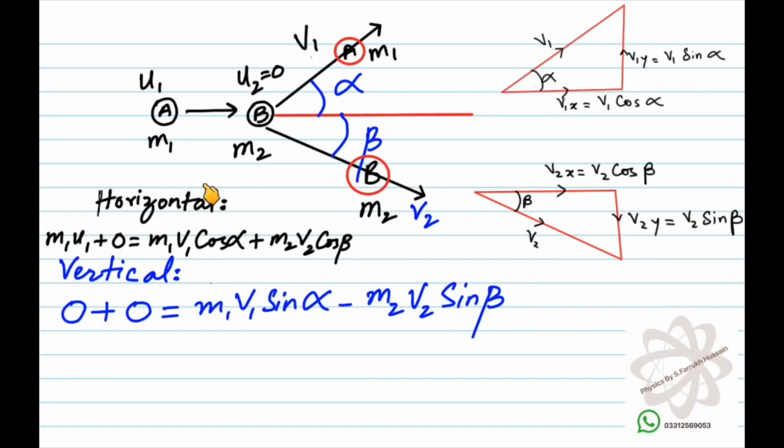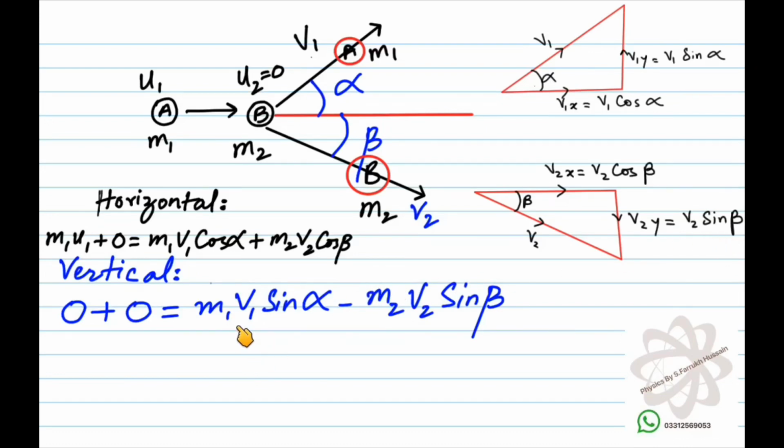Now if I talk about vertical momentum, object A is not moving vertically before collision, so its momentum will be 0. Object B is not moving vertically before collision, that's why its momentum is also 0. After collision, object A moves upwards, as you can see, with velocity v1 sin alpha, and object B moves downwards with velocity v2 sin beta.